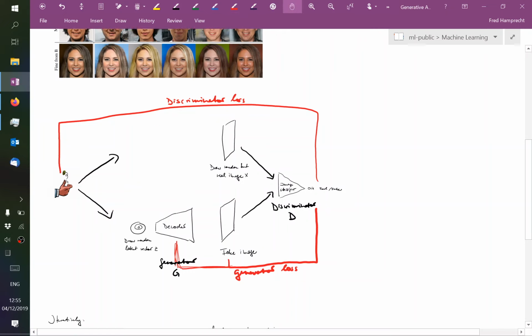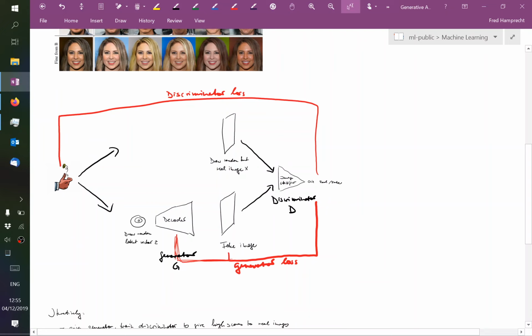Why? One problem is that they try to trick each other. The other thing is that, especially in the early stages, the task is often too easy for the discriminator and too hard for the generator.